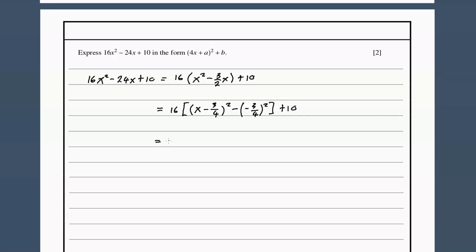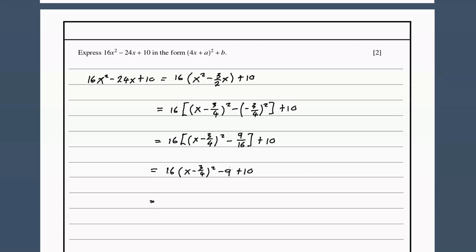All right, so it's 16 of x minus 3/4 squared and minus of 9 over 16 here, and it's plus 10 on the outside. Okay, so I'm now multiplying 16 into the square bracket, so it's 16 of x minus 3/4 squared. All right, and 16 times this will be minus 9, and it's plus 10.